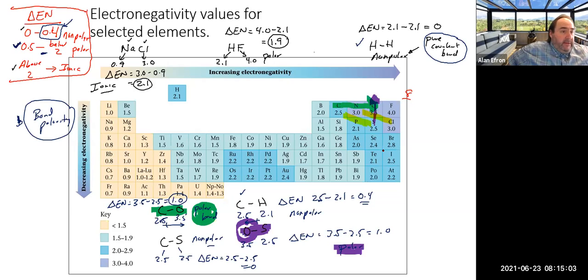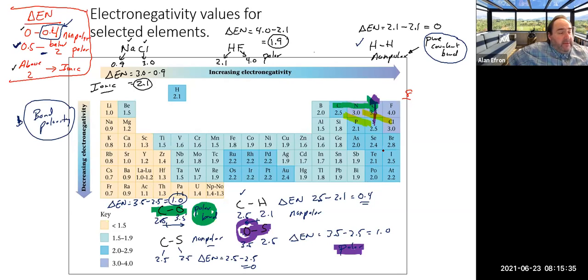Also, if you're comparing 2 elements that are in the same group going up and down on the periodic table, you could also use the general trend pretty safely to make that determination whether or not you have a polar bond. So again, I think we looked at oxygen and sulfur in this example that we did here at the end. Looking at the periodic table, we see oxygen is higher up in the group than sulfur, and that should indicate that oxygen is more electronegative than sulfur.